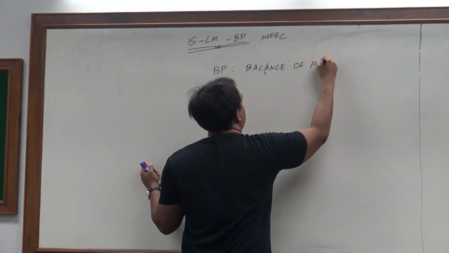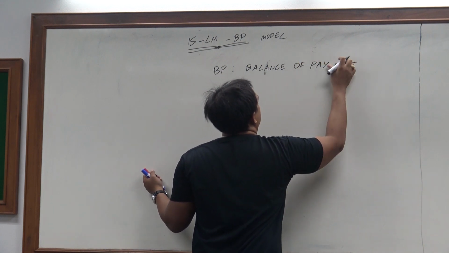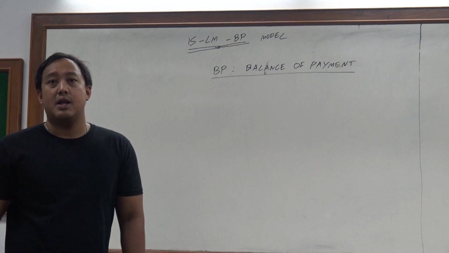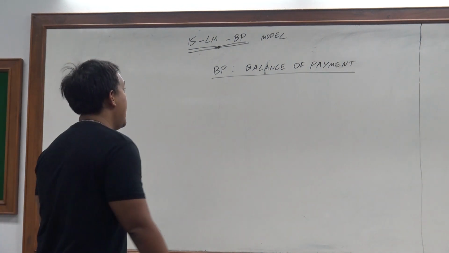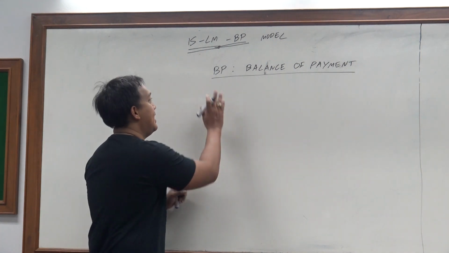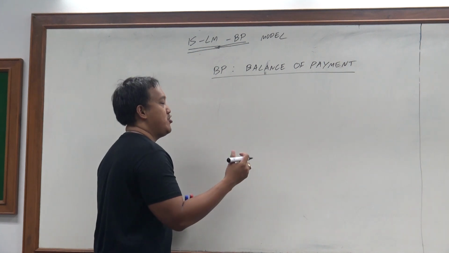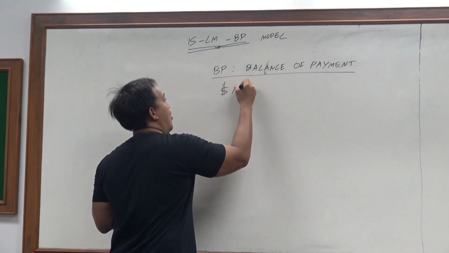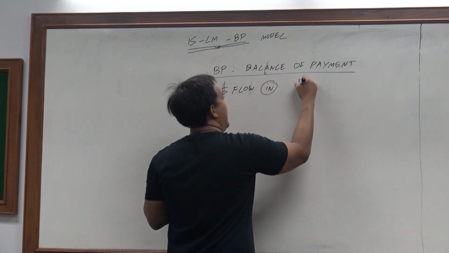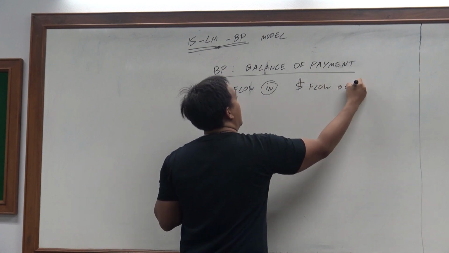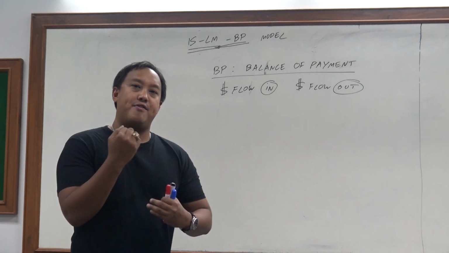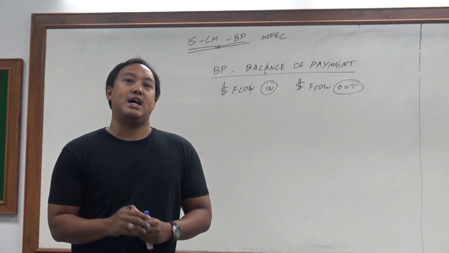Balance of payment. Okay. So what is the meaning of balance of payment? Balance of payment is how to capture the level of money that flows in and the level of money that flows out of your country.